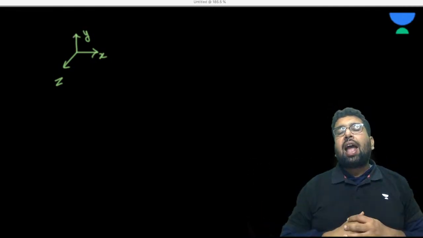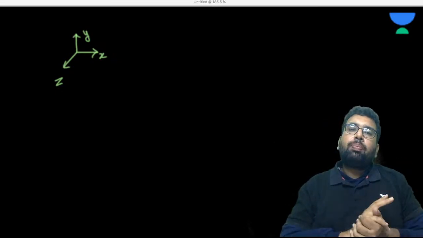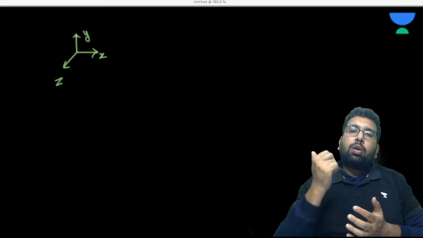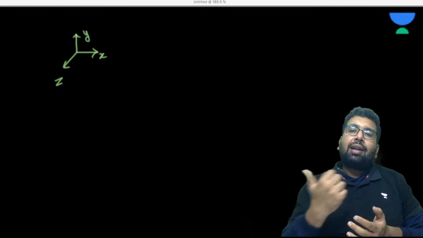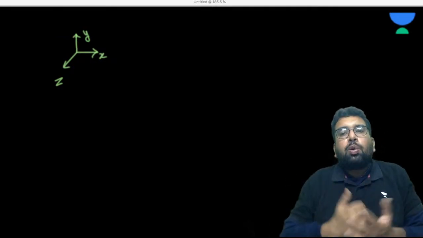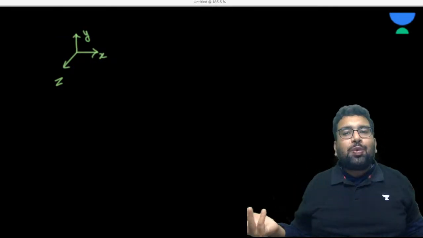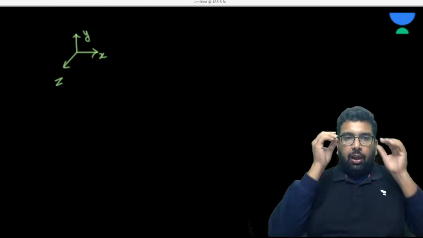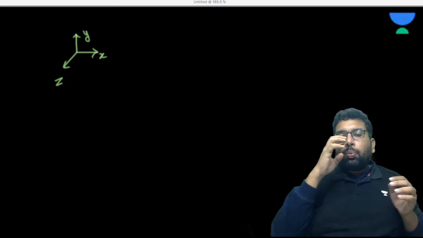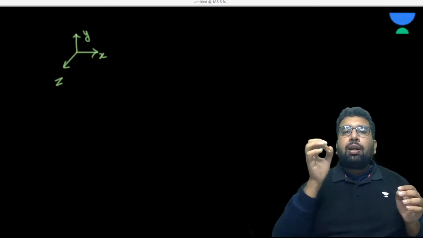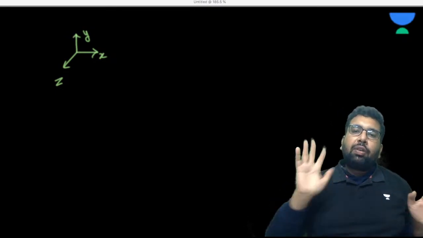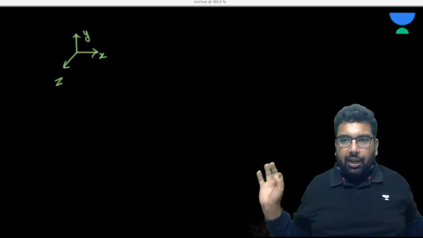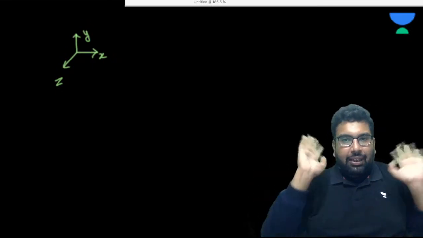Similarly, if we have vectors in the yz plane, the cross product is going to be in the x direction, because x is perpendicular to the yz plane. And if something is in the xz plane, the cross product direction will be perpendicular to the xz plane, that is, the y direction. Okay, so this is clear.